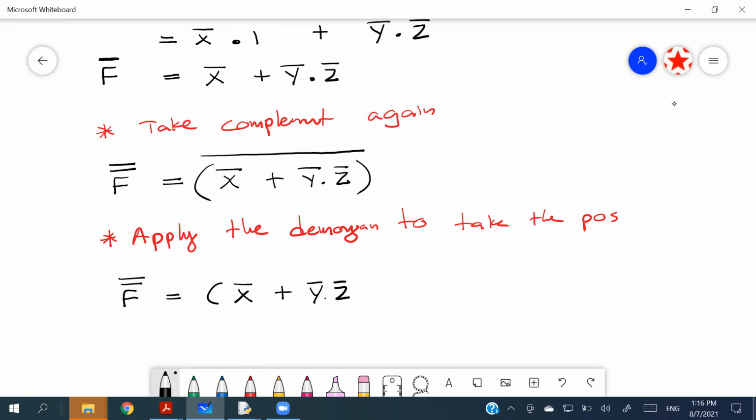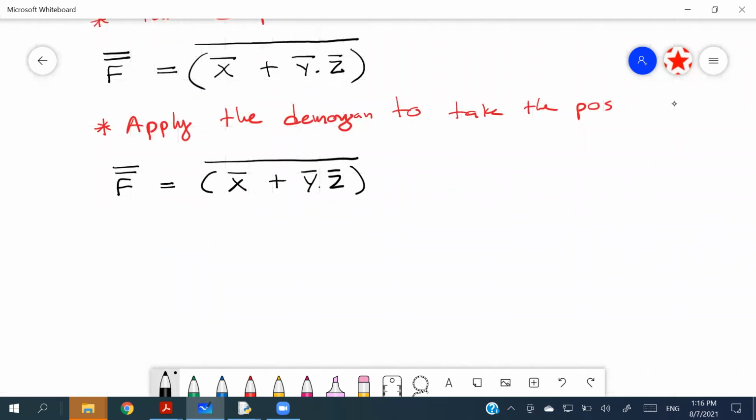And this gives you f equals, this becomes x double bar dot, and y bar dot z bar's total bar will be there.